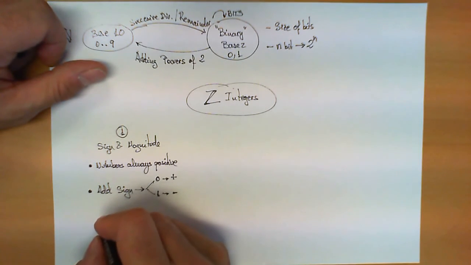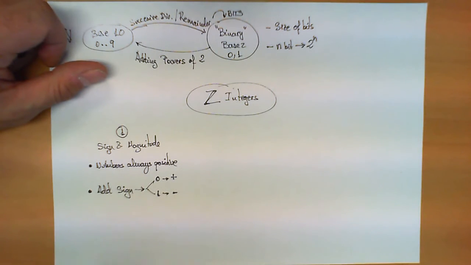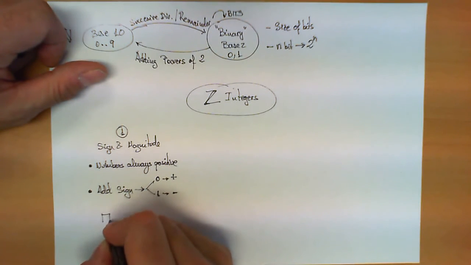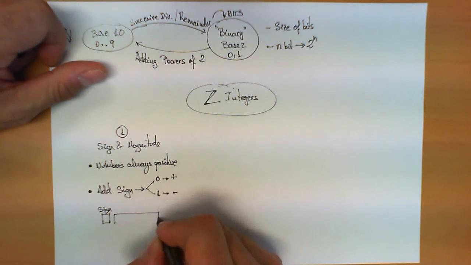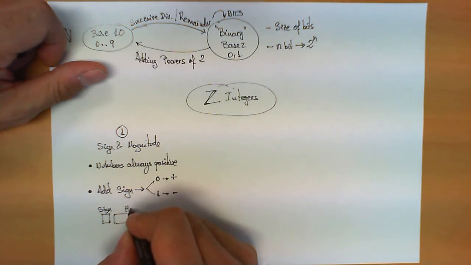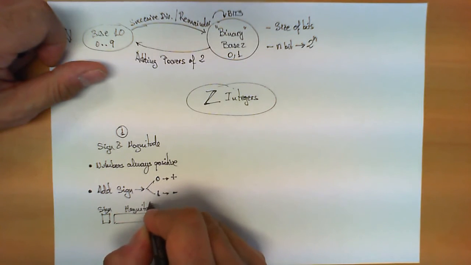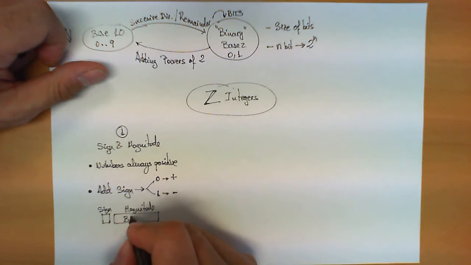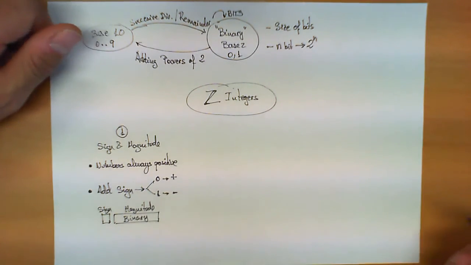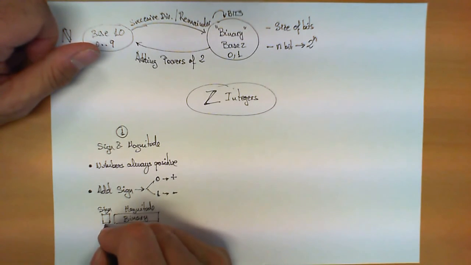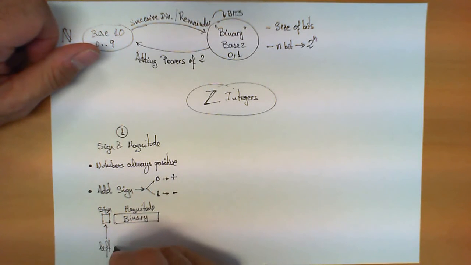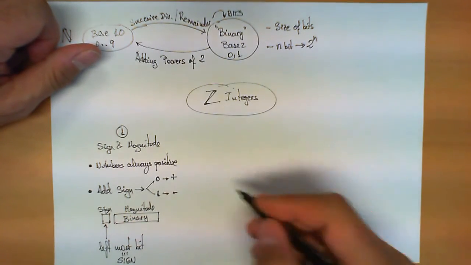So any integer represented in sign and magnitude will have its leftmost bit, which will be the sign bit, and the rest of the bits will be the magnitude. This magnitude will be represented as a binary number. One first observation here: we realize that the leftmost bit is exactly the same as the sign of the number.